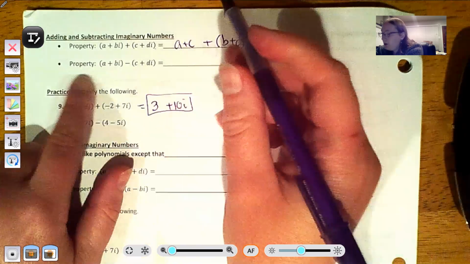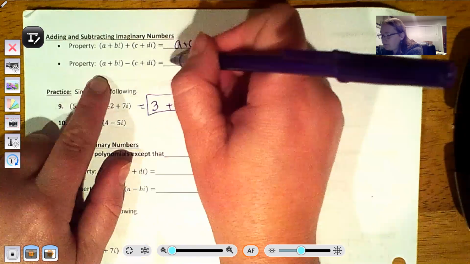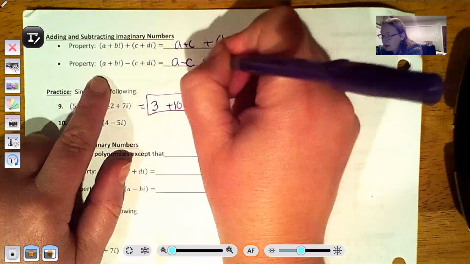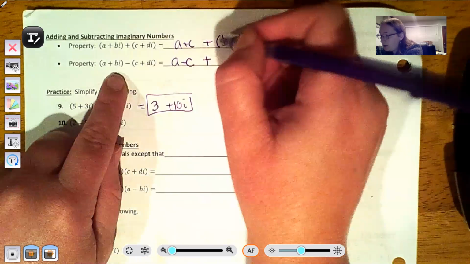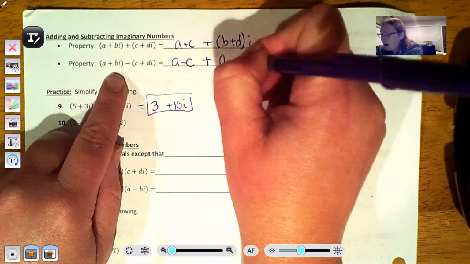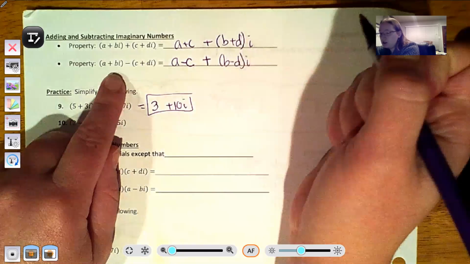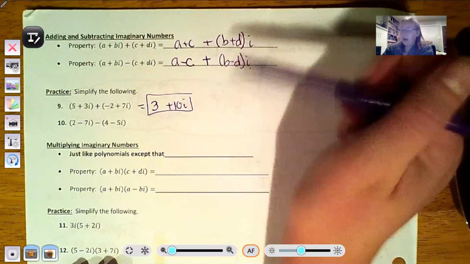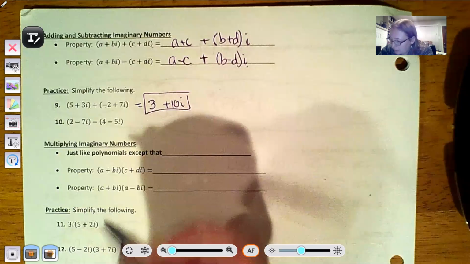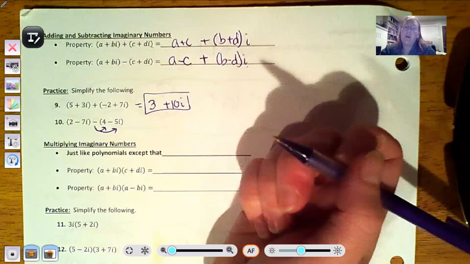But the formal way of writing it is that you then subtract your real parts and then subtract your imaginary parts. So b minus d i. I'm factoring out the i because I'm just looking at the coefficients of my i. Again, you're subtracting both of these just like you would for polynomials.